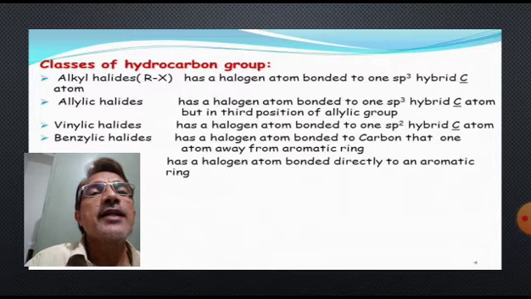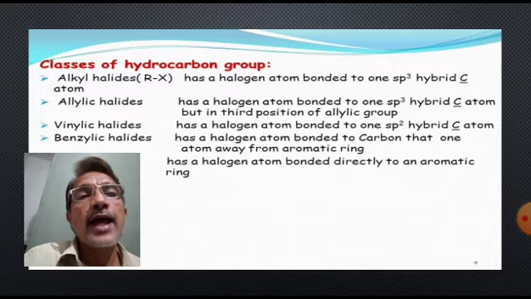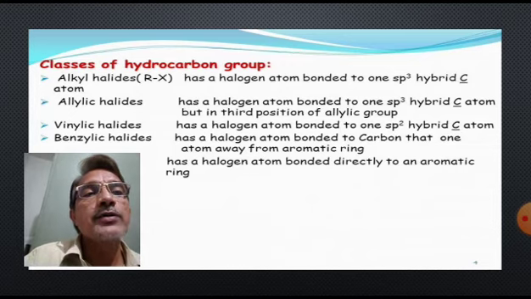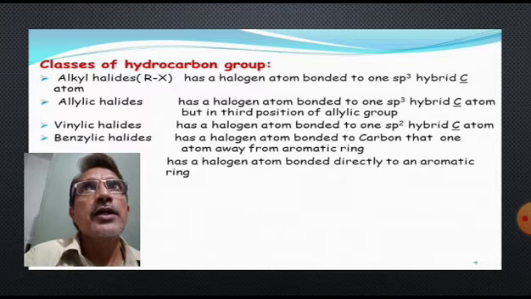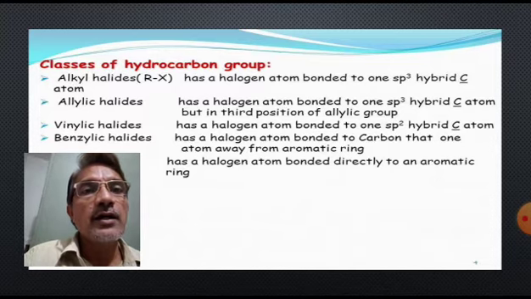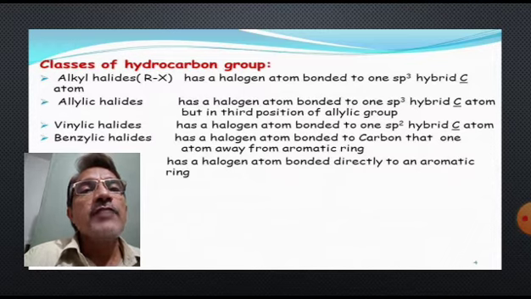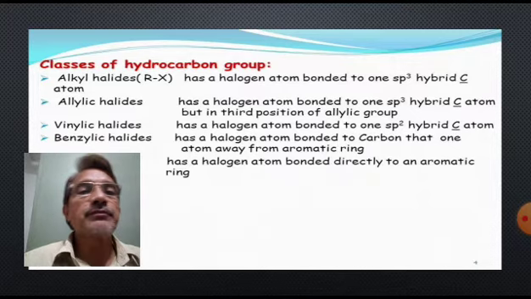Number 3, vinylic halides. Vinylic halides have a halogen atom bonded to one sp2 hybridized carbon atom. For example, take vinyl chloride. In vinyl chloride, the Cl atom is bonded to an sp2 hybridized carbon atom.